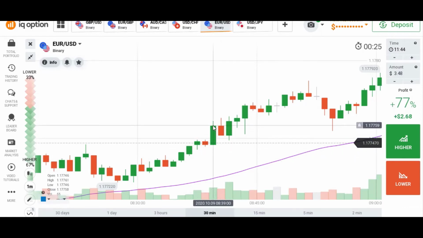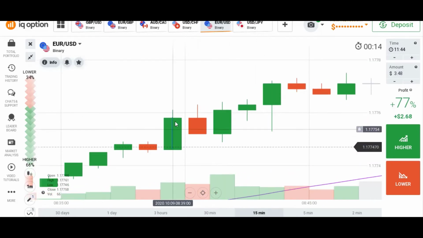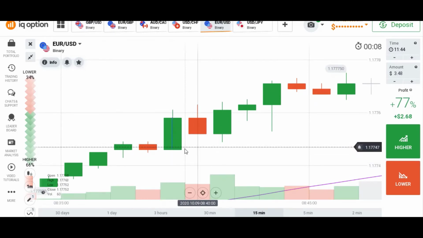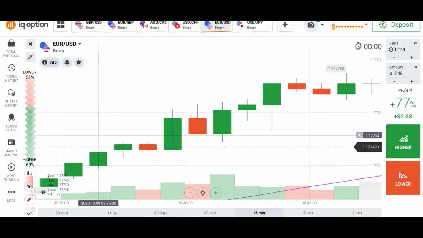Yes, this is the system. Okay, we can draw like this accurately. This is the point, the middle of this candle.